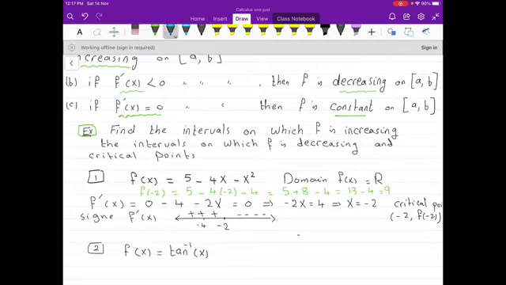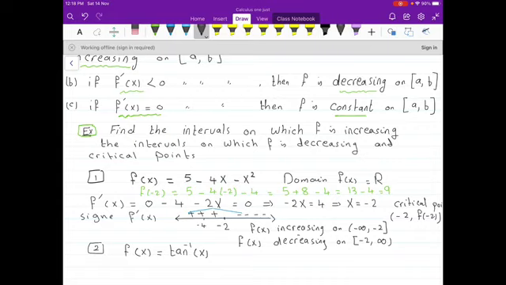What does this mean for us? This means the function is increasing in this interval and decreasing from minus 2 to infinity. So f is increasing on minus infinity to minus 2, closed, and f is decreasing on minus 2 to infinity.